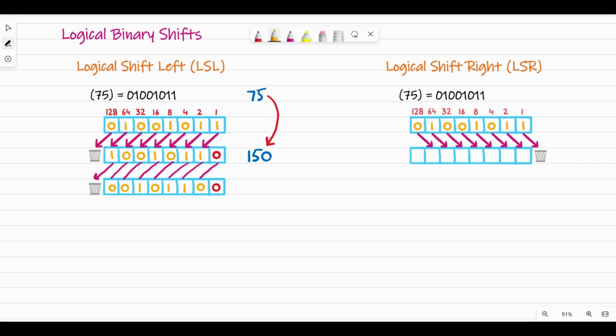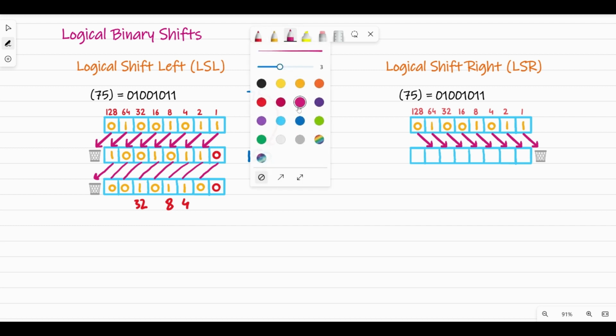Now let us compute the value. New value: 4 8 16 32, so 32 plus 8 is 40, plus 4 is 44. So the new value is 44.